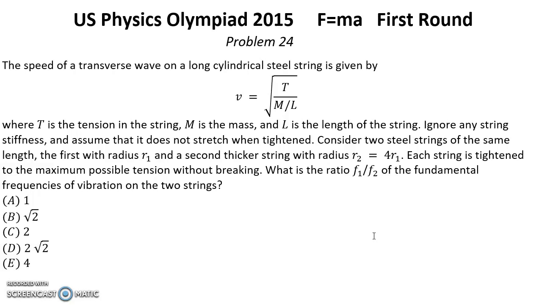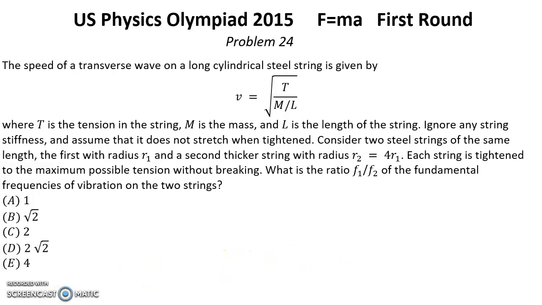Consider two steel strings of the same length, the first with the radius R1 and the second, thicker string with the radius R2 equal to 4R1. Each string is tightened to the maximum possible tension without breaking. What is the ratio f1 over f2 of the fundamental frequencies of vibration on the two strings?